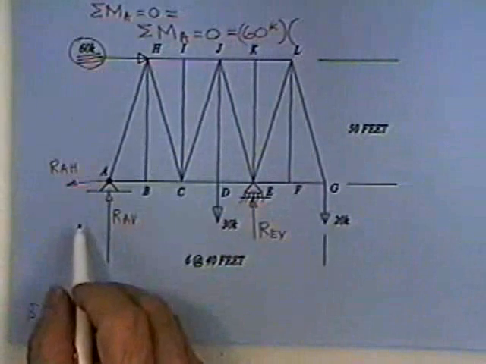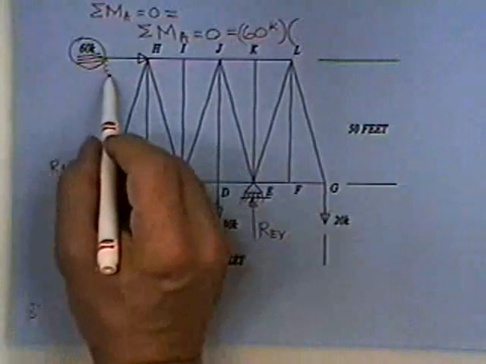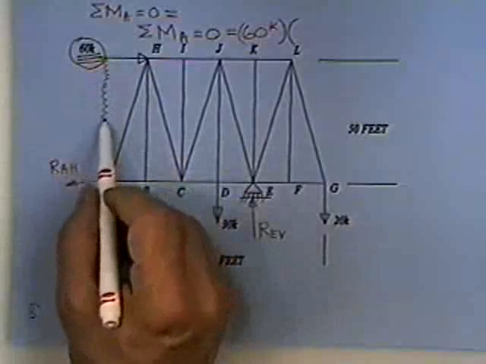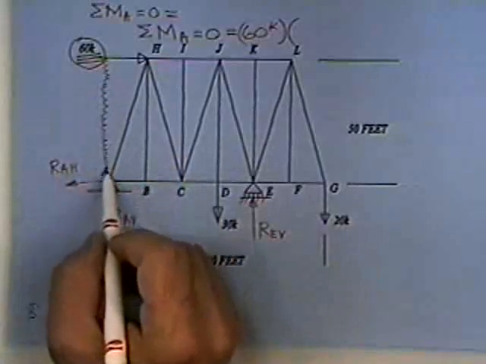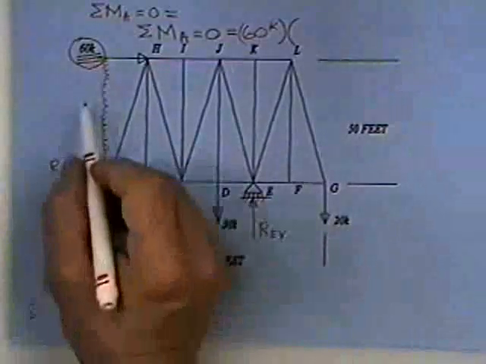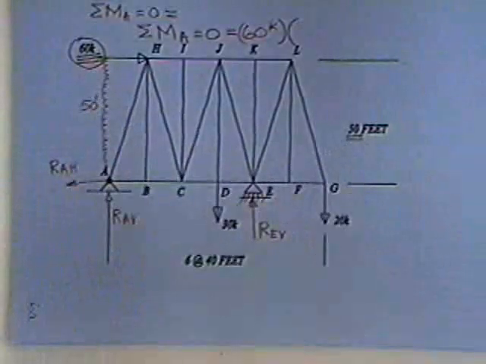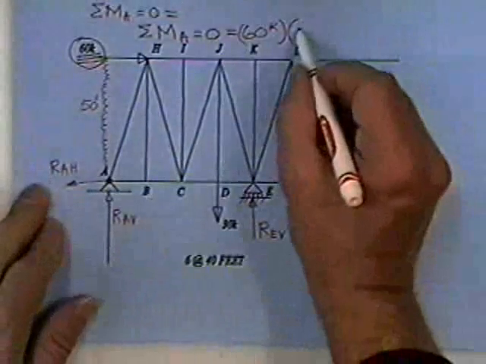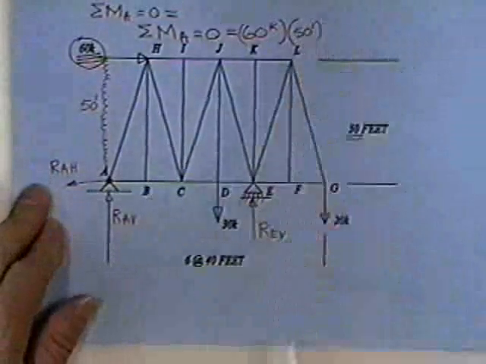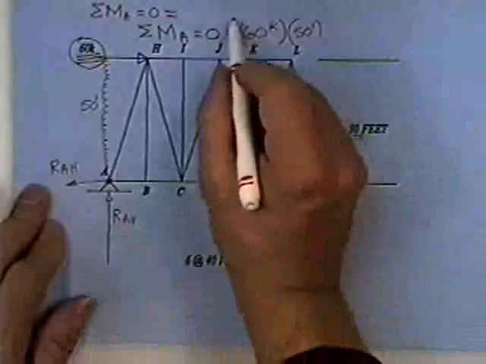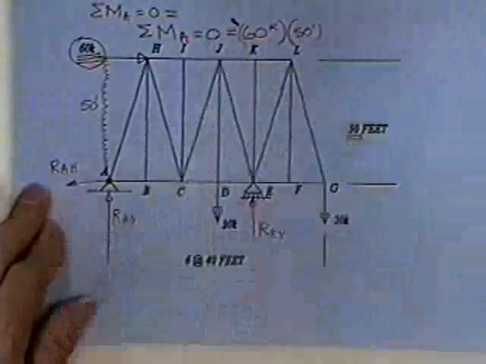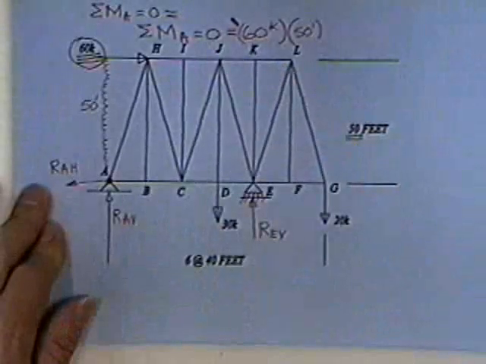You always take the perpendicular distance between the force and the point. Tie a piece of string to it, however long that string is to just get to the force, 50 feet. That's the moment arm. It's not that slanted distance for a moment arm. 60 kips times 50 feet. It is a counterclockwise tendency to roll. I'd probably call that a negative tendency to roll.